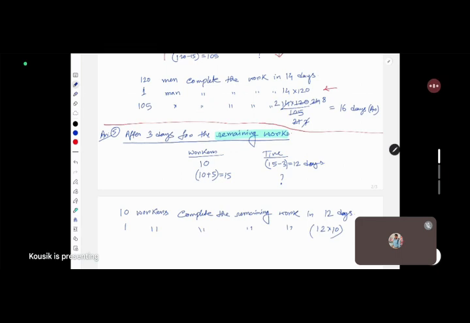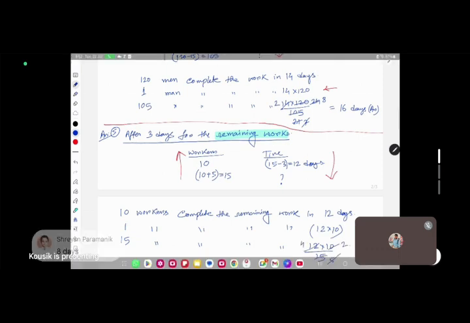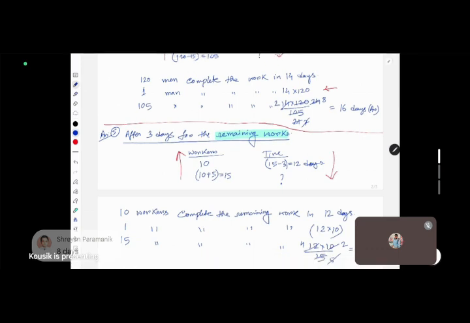Why? Because they are in opposite relation. If one increases, the other will decrease. So 15 workers complete the remaining work in 12 into 10 by 15. So 3 দিয়ে কাটছি, so 8 স্যার days. আমার আনসারটা ঠিক আছে?